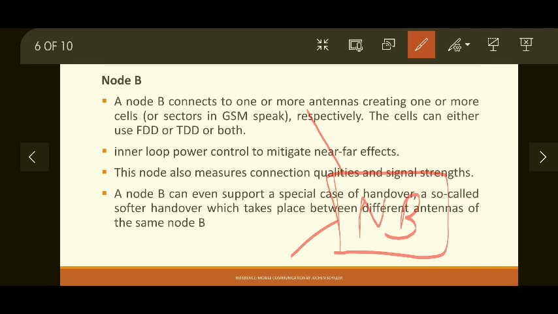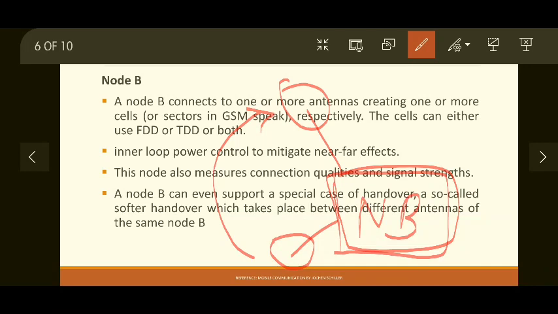So if the user is moving from this antenna to this antenna, a soft handover will be implemented. That is, the frequency of this antenna will be acquired and then the frequency of the other antenna will be released. So this is a soft handover. But since it is happening inside the same node B, it is called a softer handover.